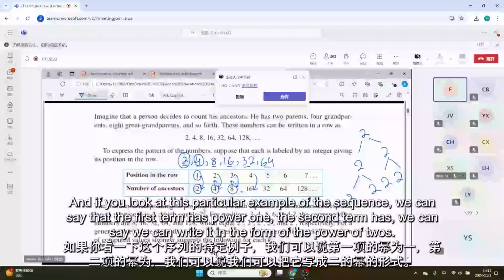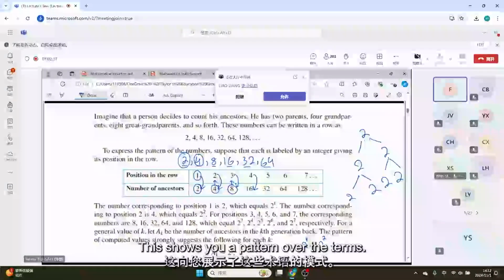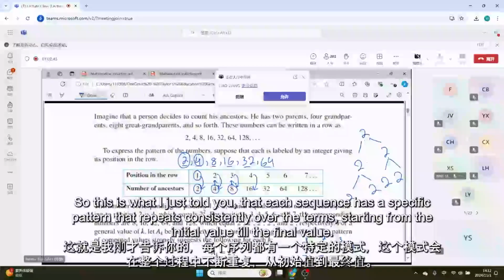And if we look at this particular example, we can write it in the form of powers of 2. The first term has power 1, the second term has power 2. This shows you a pattern over the terms. As I just told you, each sequence has a specific pattern that repeats consistently over the terms, starting from the initial value till the final value.